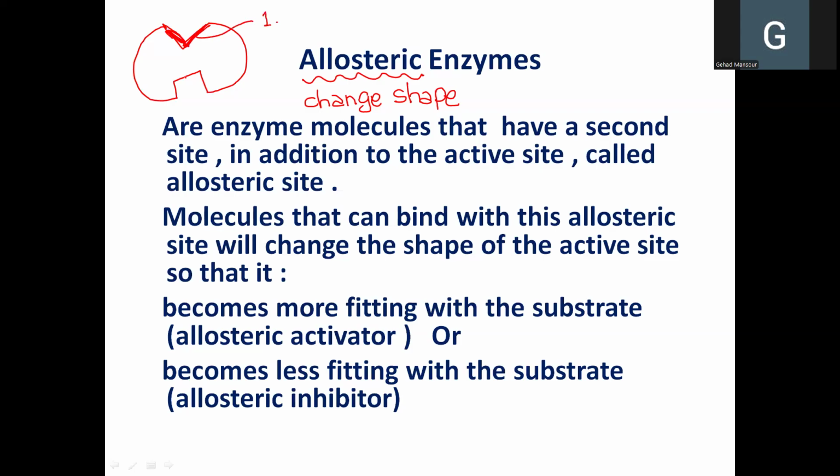So this is the first site, which we call the active site. But the second site is present on another place of the molecule. We don't call it an active site, but we call it an allosteric site. So the allosteric enzymes are characterized by having two sites.